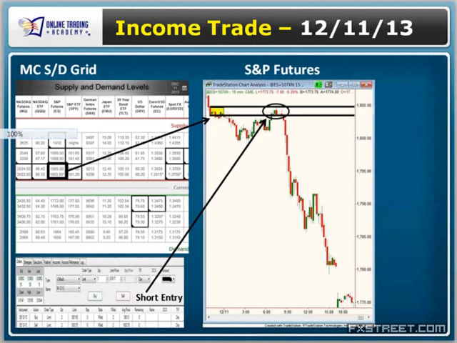So if you can identify price levels where you have a major supply and demand imbalance, that's the key to identifying market turns and market moves in advance with a very high degree of accuracy. So that's what we're doing here. We're going to tie that to breakouts today, and I want to add something to this.